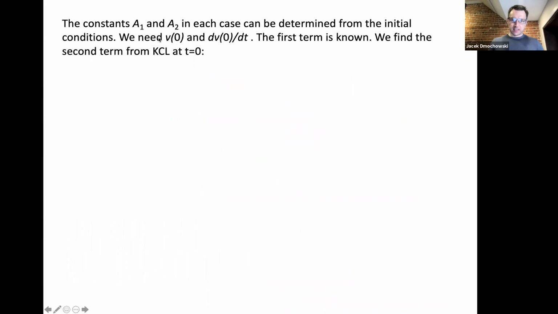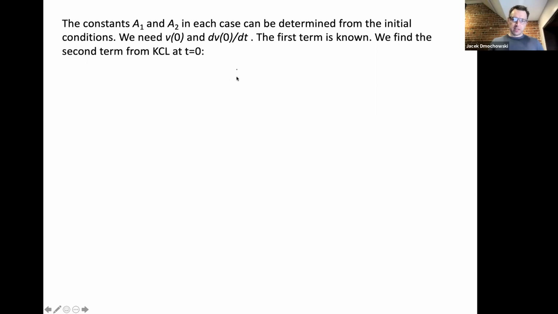So the constants are determined as before from the initial conditions. So we know we can directly solve for the value of V naught. Now comes the trick. How do you get the initial value of the derivative? Well, I'm going to try to draw it to kind of convince you as before.